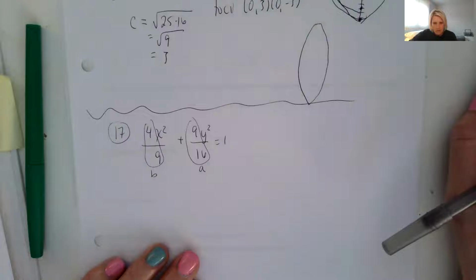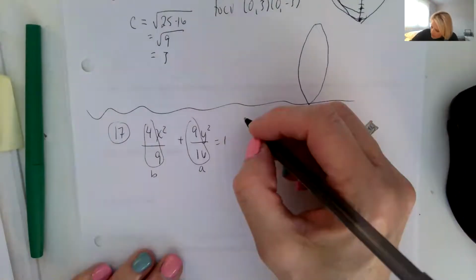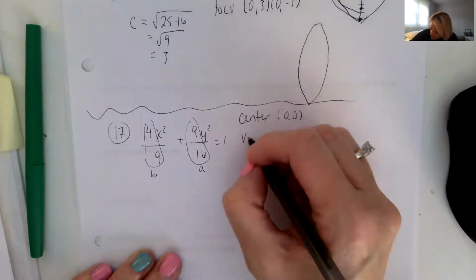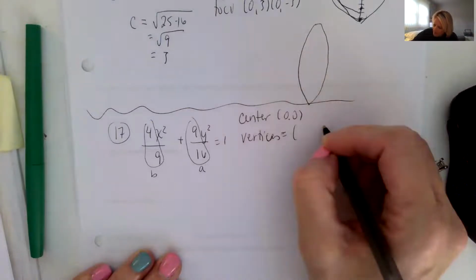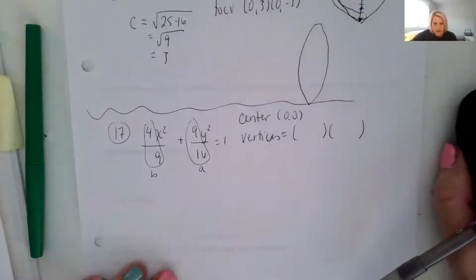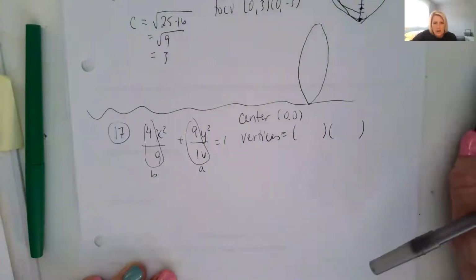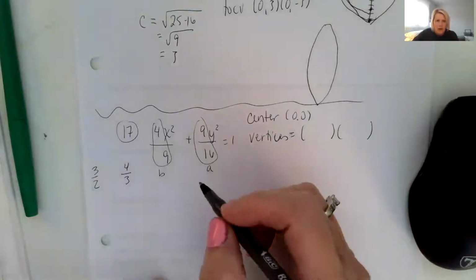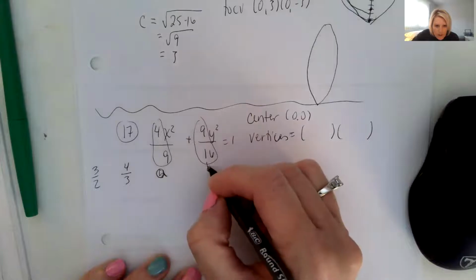And we want to see here what our center is, still at 0, 0. And then we're going to look at our vertices here. And our vertices for number 17 are using A, because that is going to be our major axis. And so I want to show you here, oops, this is our A and this is our B.